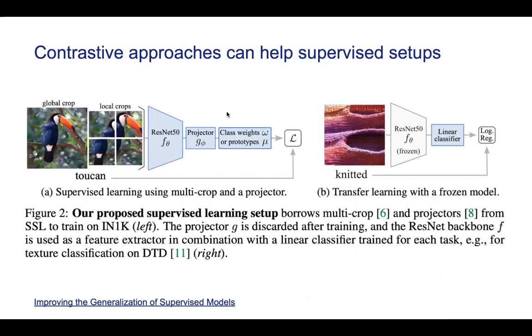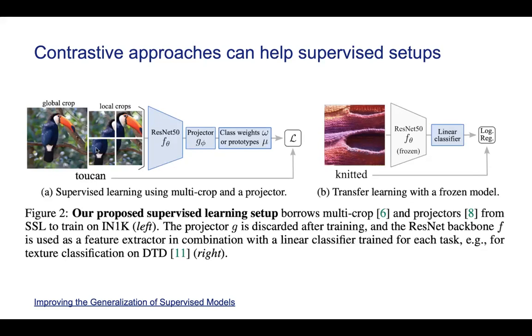They also train longer, but they could also show small improvements on top. What I like to highlight is that they actually use stuff from self-supervised learning, namely this multi-crop data augmentation and this additional projector head, in order to pre-train the network and then use it downstream again, but in a supervised way. And this also helps.